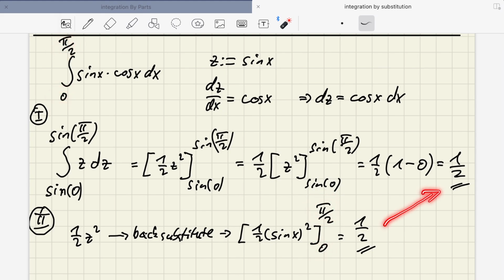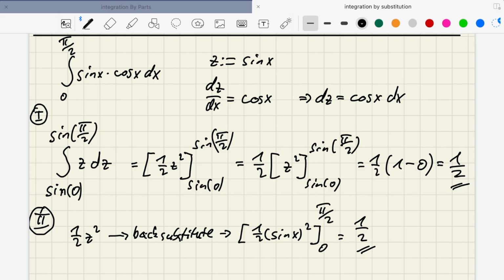You see, it doesn't matter how you proceed. Maybe your teacher prefers one or the other, and then you do it, but basically it comes out the same. The trick is to substitute the limits as well, if you stick to option number 1. All right.